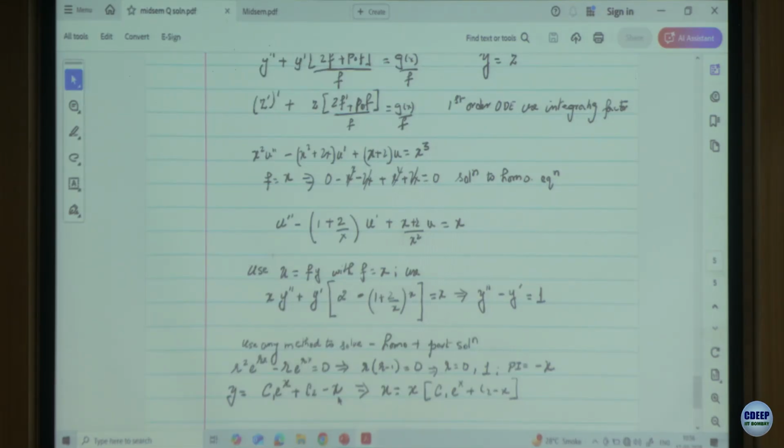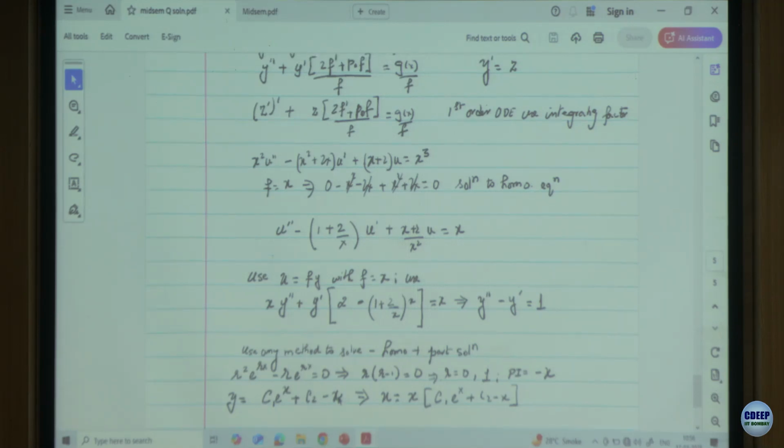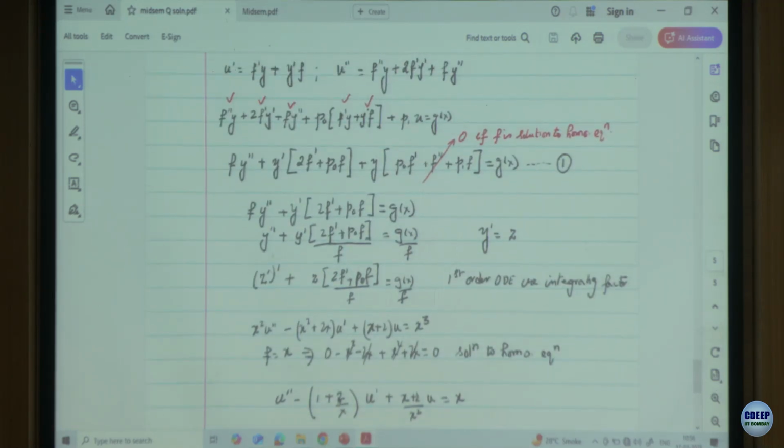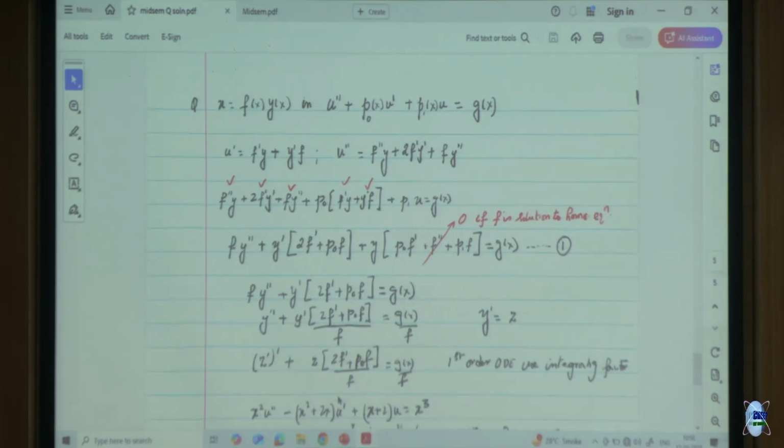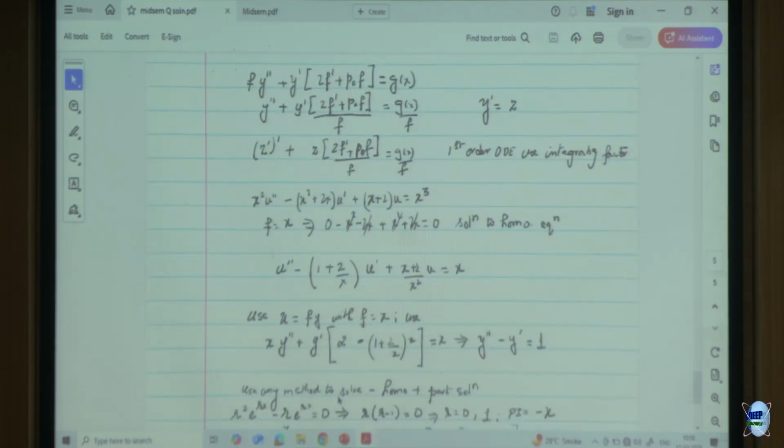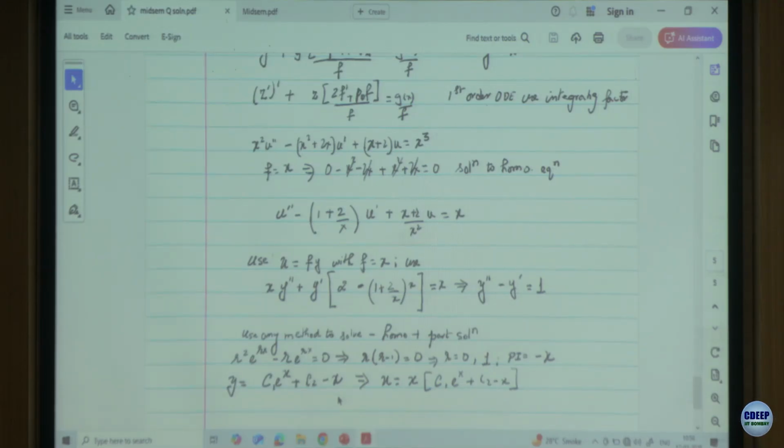The other thing that needed to be worried about was when you were given the other equation, which was in a form which was not exactly in the original form. The original form was this guy here, right, u double prime plus something. The given form was x square times u double prime.